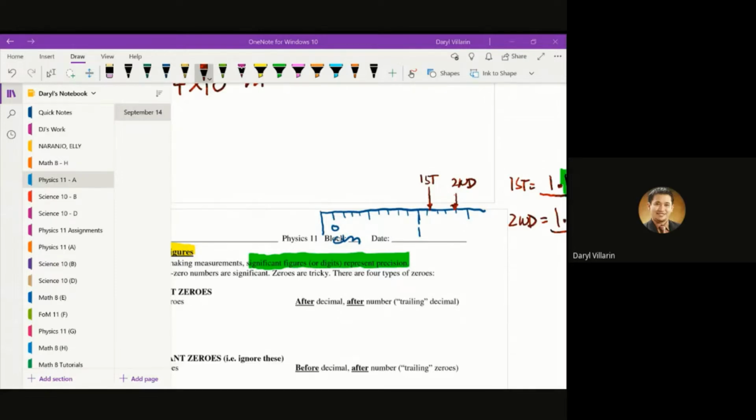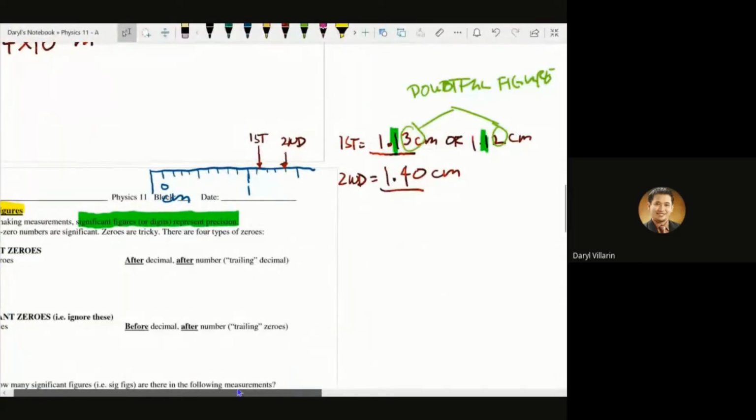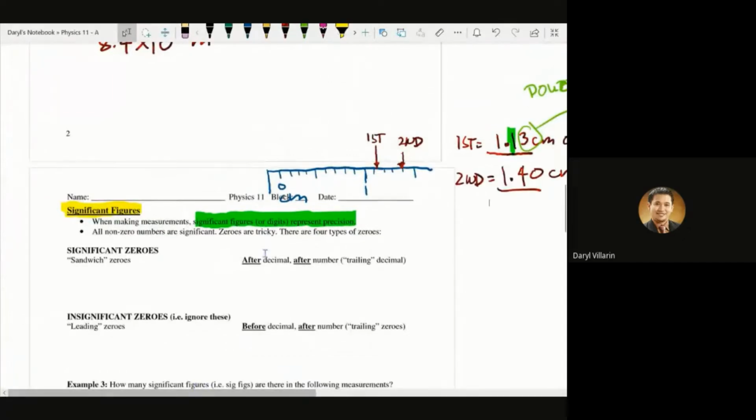Okay? So just put 0 at the end. Again, it's not wrong, because that's part of your systematic error, like the way we try to measure things. Okay.